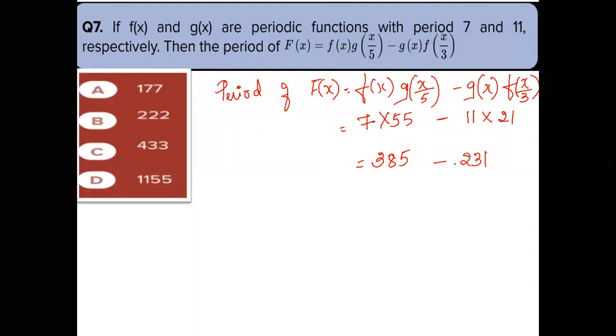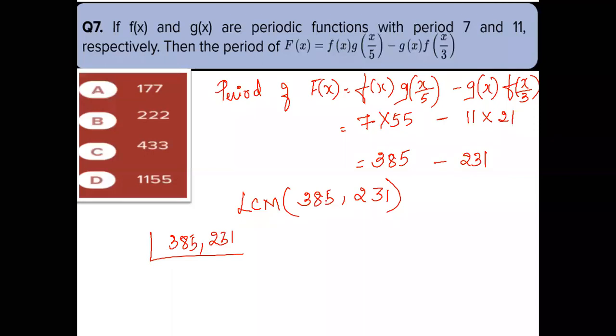But if there is an addition or subtraction, then you have to take the LCM of those two terms. So you have to take the LCM of 385 and 231. What will be the LCM, students, of 385 and 231?